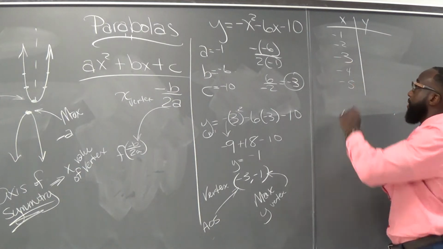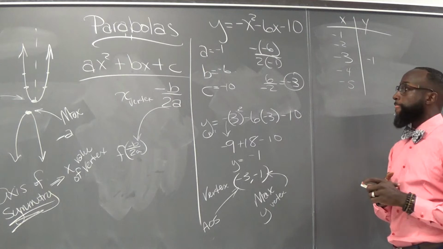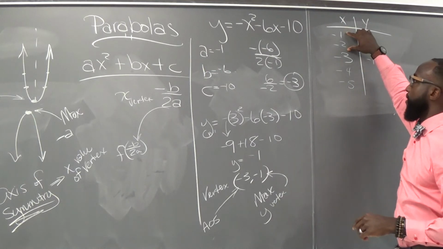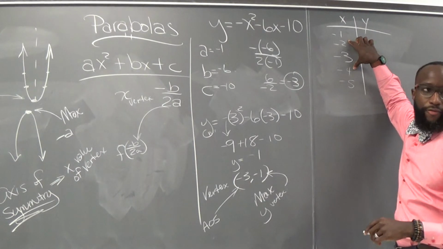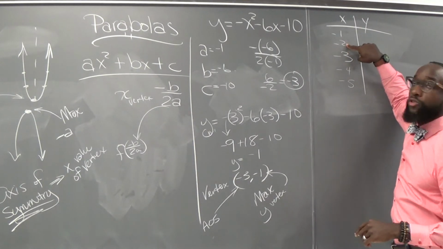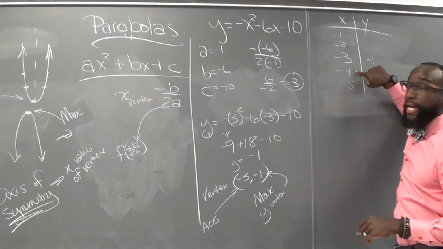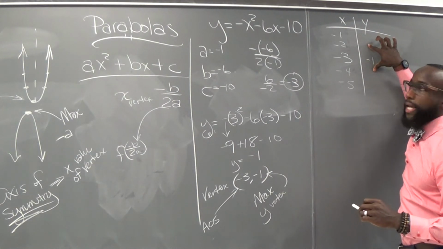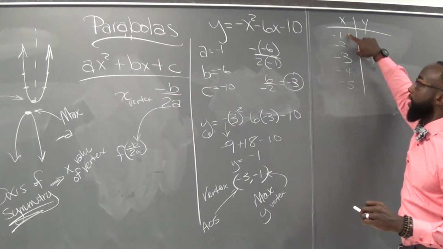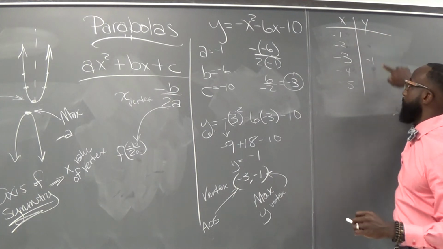We know -3 is at -1. To find these other values, because both of these values are equal distance away from the vertex, -2 is one space away from -3, and -4 is one space away from -3. So technically, both of these values would be the same. And then with these two both being 2 spaces away, these two values would be the same.